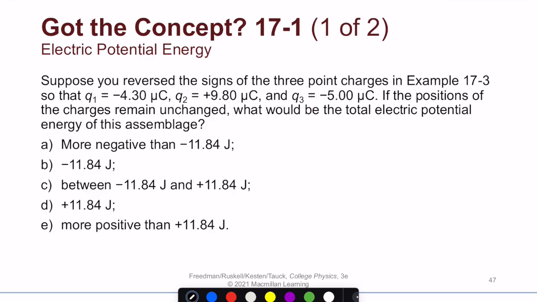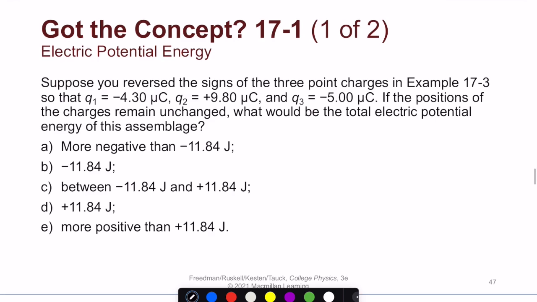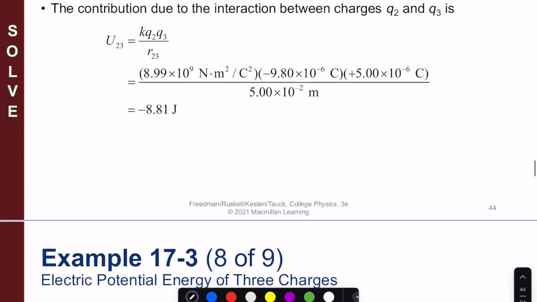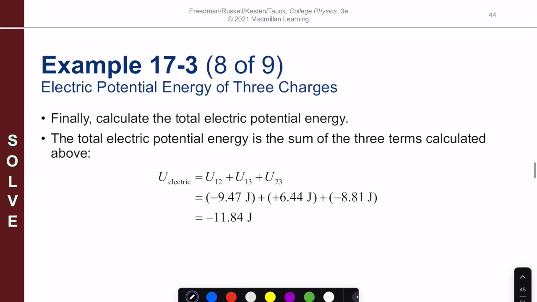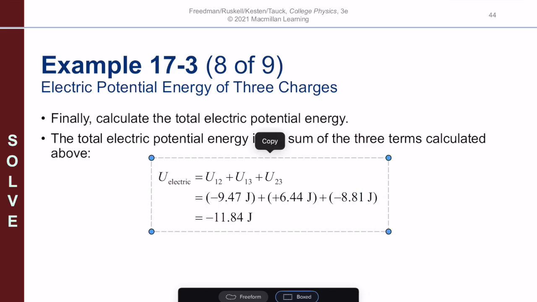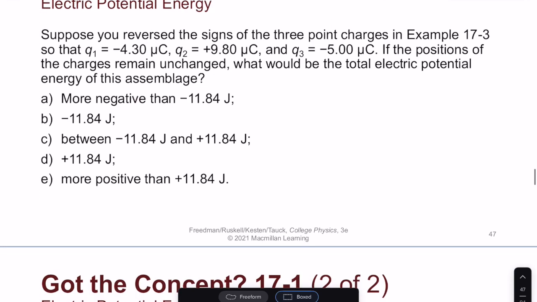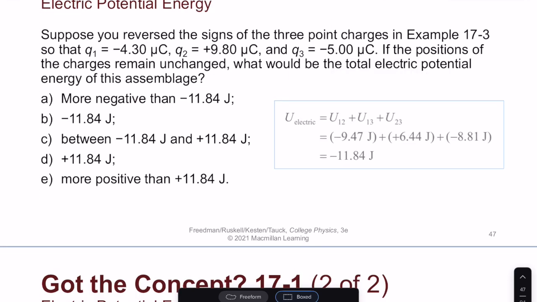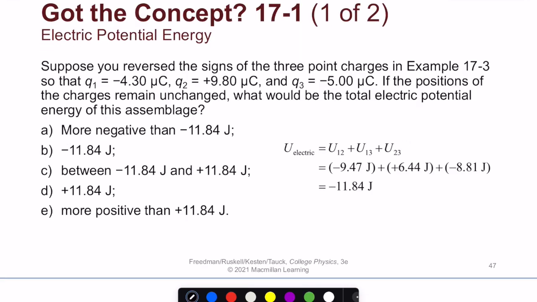Well, we can kind of figure that out. Let's copy and paste this part right here. Let's see if it'll let me do that. Oops. And put it down here. Let's think of the signs that make up.